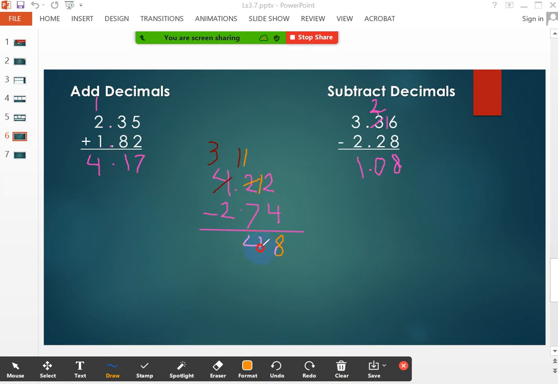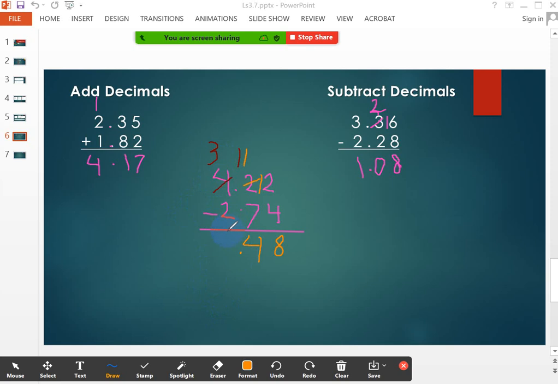Now let's continue with another girl. Girls, where are you? Yes, Ragad. Yes, teacher. Now, what do I have to do with the decimal point? I have to take it and put it down here in the same location.